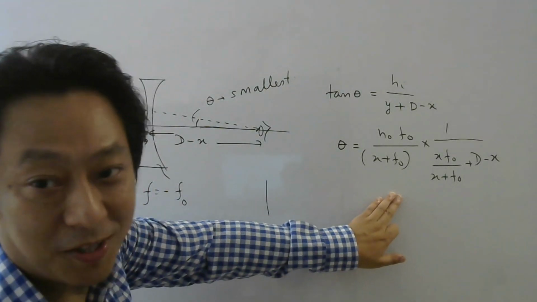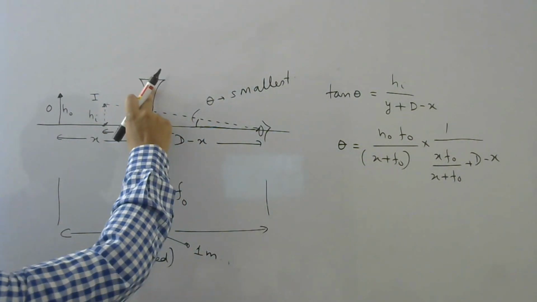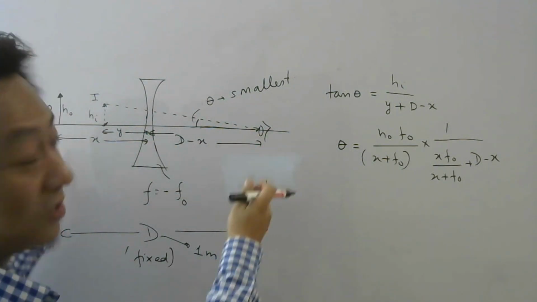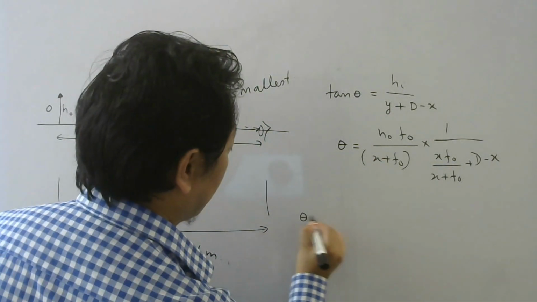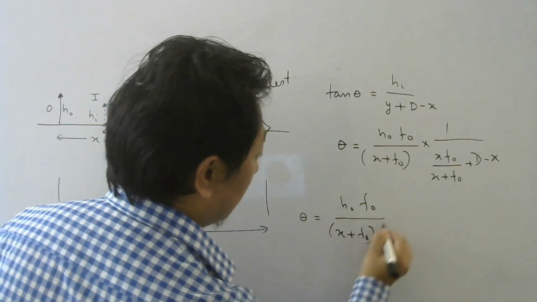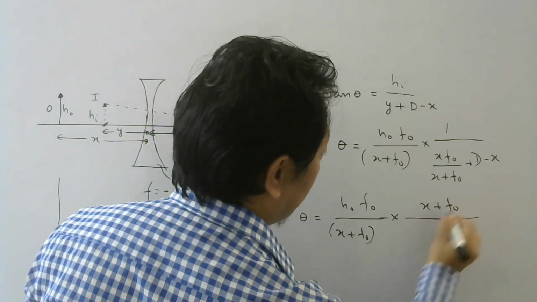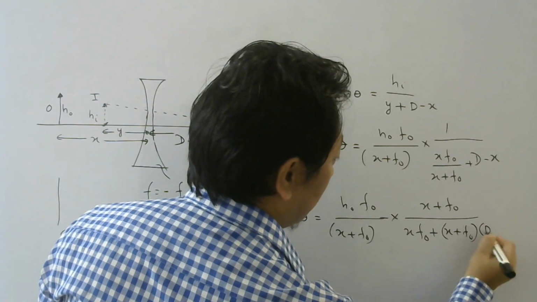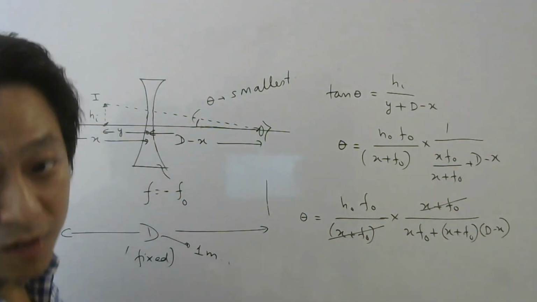Now this is a wonderful equation because everything here is constant except x, isn't it? Focal length f naught is constant, and this distance between the object and the eye is also constant because the object was fixed, remember. So let's simplify. In the numerator h naught f naught, here x plus f naught, and now here if you take LCM, x plus f naught will go up. This will be x f naught plus (x + f naught) into (d minus x), right? This x plus f naught and x plus f naught will cancel, right?